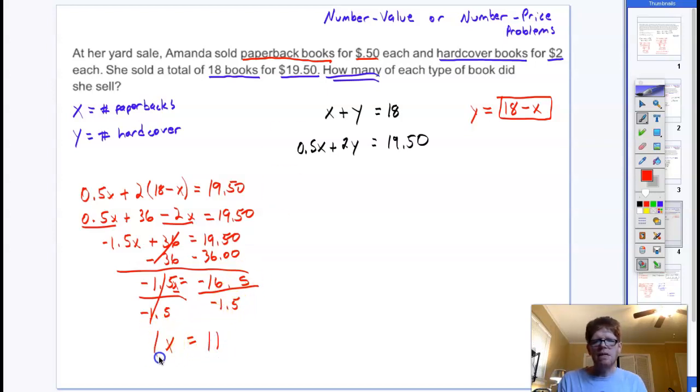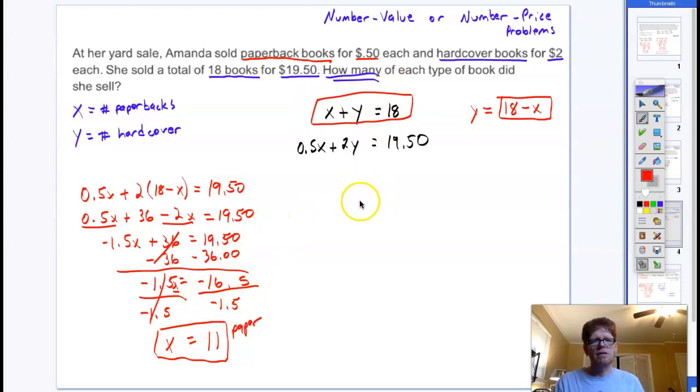11. Now what does that mean? Well, that means that the number of paperbacks that I sold was 11. Now I need to know how many of each type, so now I need to find out how many hardback books. Well, that should be pretty easy, because now I can plug things back into this equation. I know that x is 11. That's the number of paperback books.